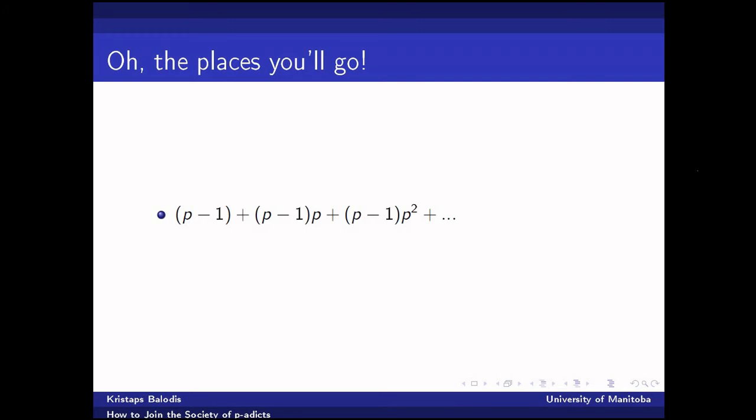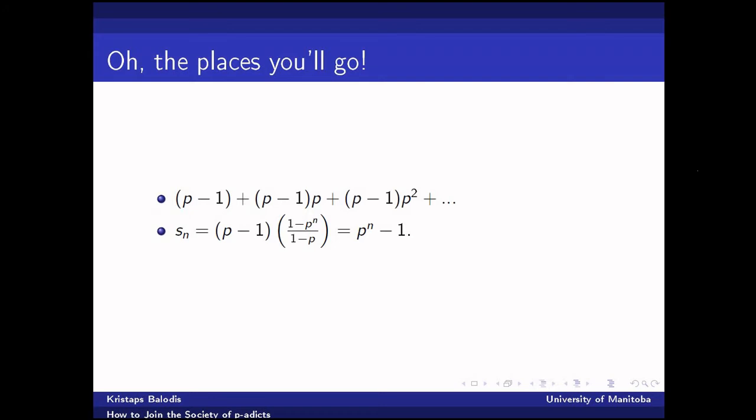As one interesting feature that also comes out of this, consider the series starting with p to the 0 and going off to infinity, where all the coefficients are p minus 1. Well, if we think about this for a moment in terms of real numbers, this is just a good old geometric series that can be evaluated with some high school mathematics. So in particular, the nth partial sum is p to the n minus 1.